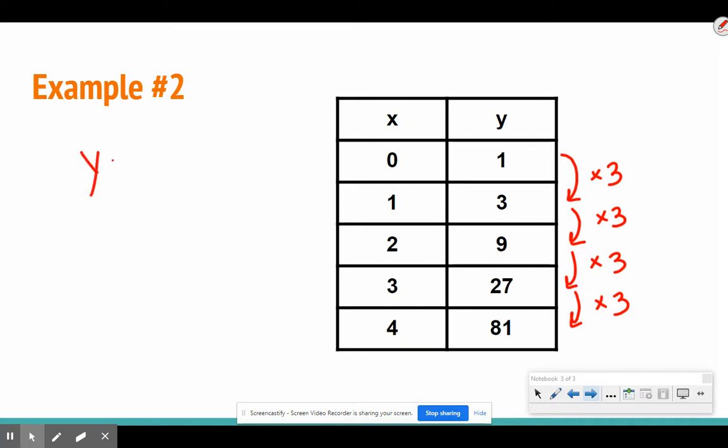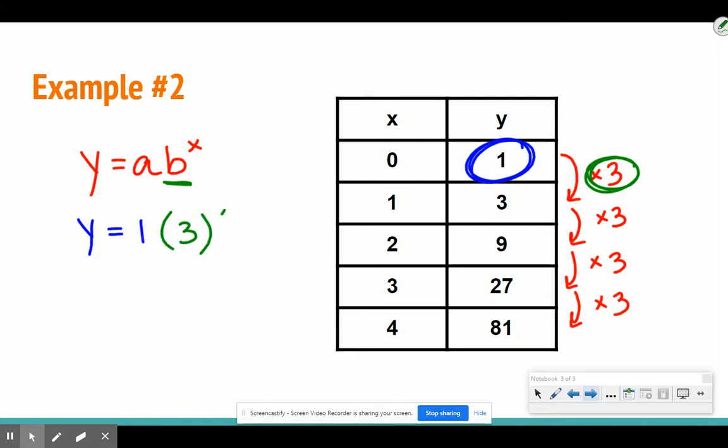So I know I'm going to be using my y equals ab to the power of x. First, my starting value is 1 this time. So I have y equals 1. Then my b is my growth factor. Since we're increasing by 3, I put parentheses around it to the power of x.